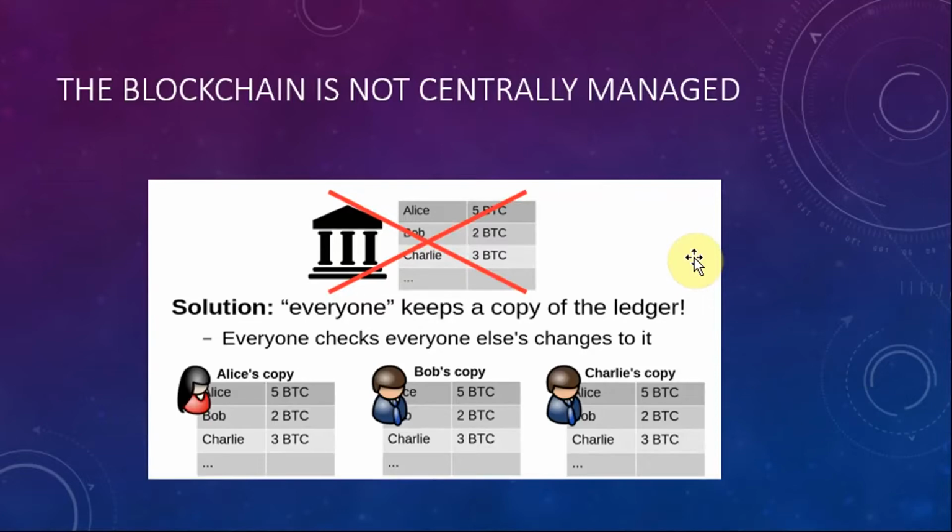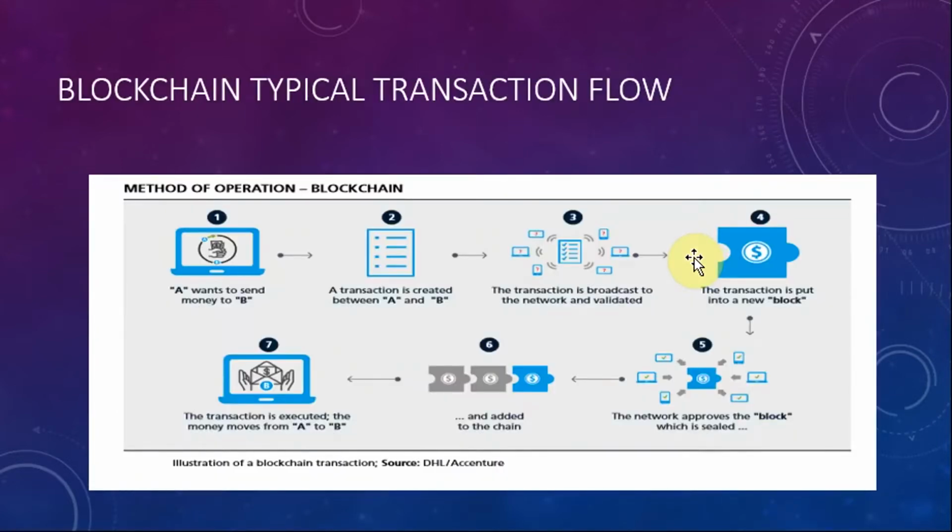Now, in another diagram here, I want to show you a typical transaction flow of the blockchain. Let's say, for instance, in this diagram, Mr. A wants to send money to Mr. B, and let me just explain how the method of operation works in the blockchain.